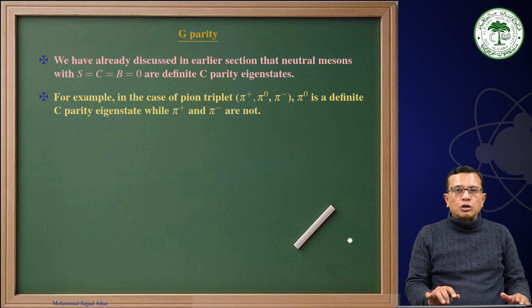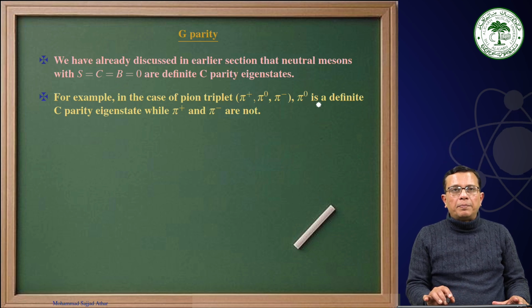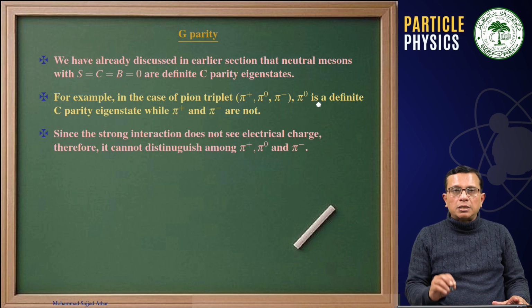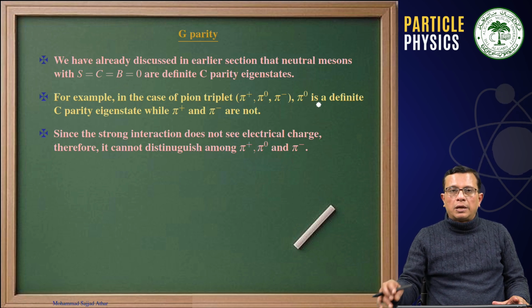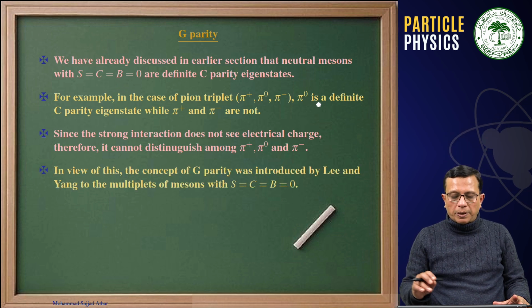Therefore, in the case of the pion triplet, pi 0 is a definite C-parity eigenstate, while pi plus and pi minus are not. The strong interaction does not distinguish among pi plus, pi 0 and pi minus, because as we switch off the electromagnetic interaction, it is impossible to distinguish among them.